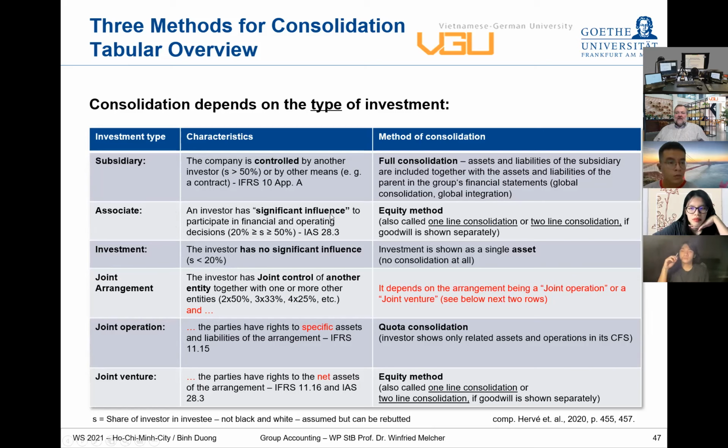I use the form of showing assets with a plus and liabilities with a minus. So just keep that in mind, not to be confused. You could do it differently, but you have to do it permanently in the method you select.